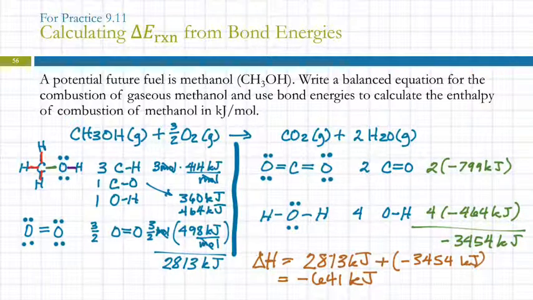So for this reaction, delta H is estimated to be minus 641 kilojoules. So it wanted the enthalpy of combustion of methanol in kilojoules per mole. I calculated it for this balanced chemical equation, which is 1 mole of methanol, and so I can say that the units there are per mole.